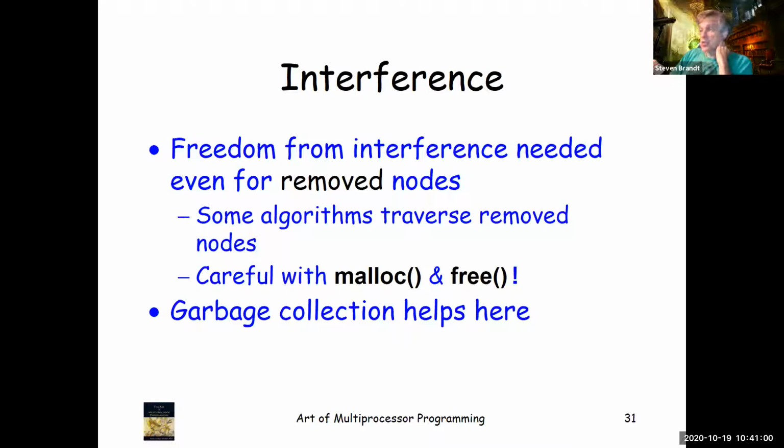I guess you could just not do it, but getting malloc and free to work correctly with these concurrent algorithms presents additional challenges which we're just not going to discuss.